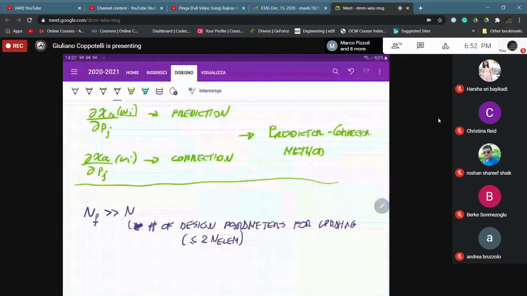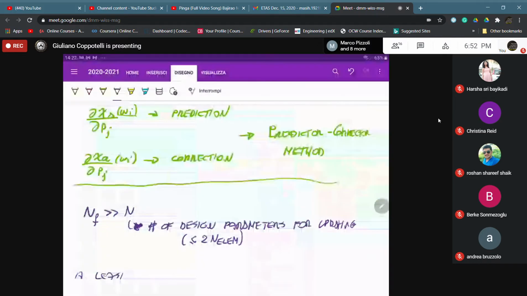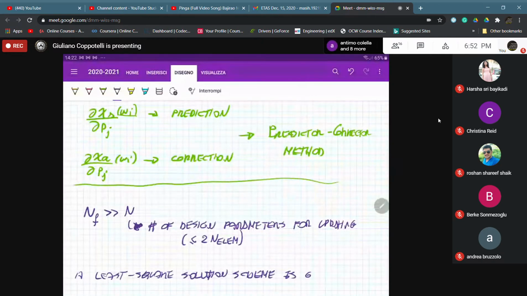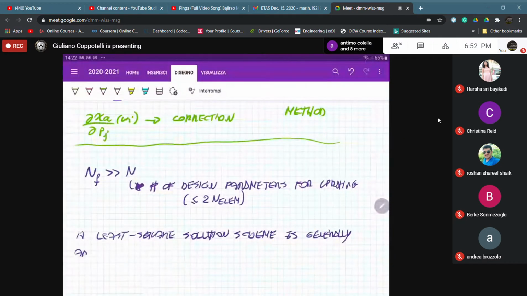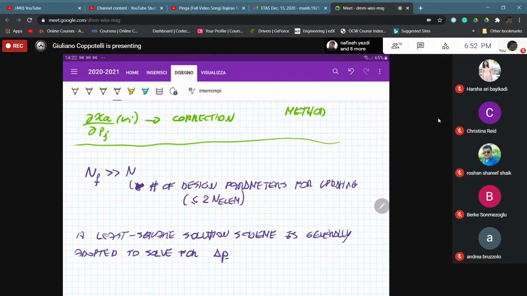So a least square solution scheme is generally adopted to solve for the change of such design parameters.